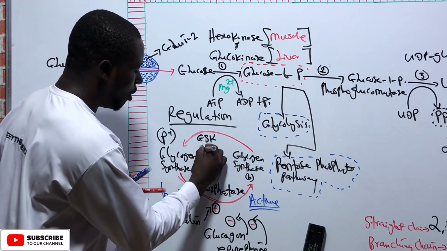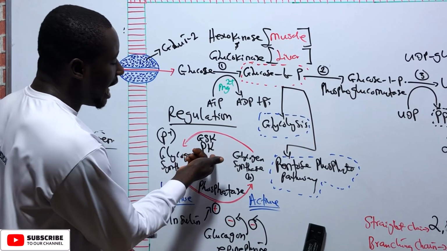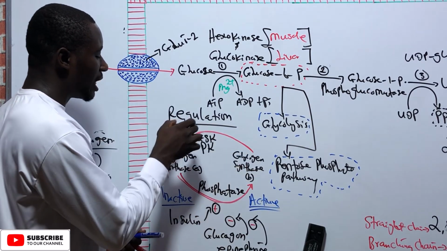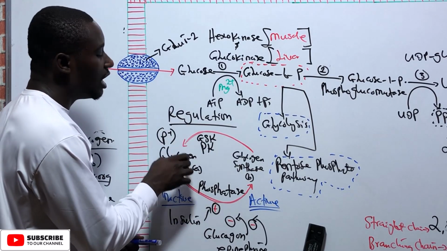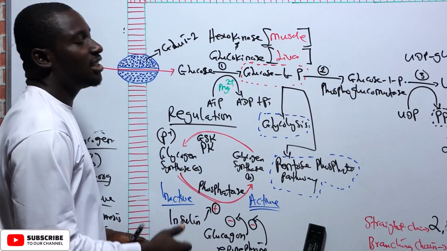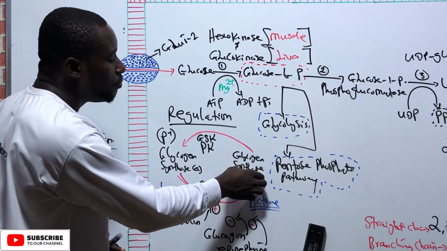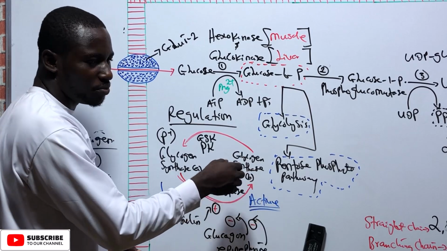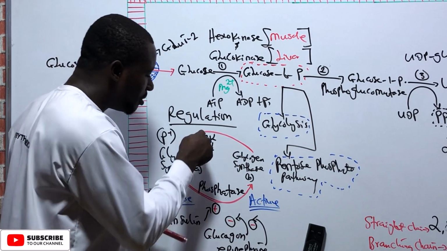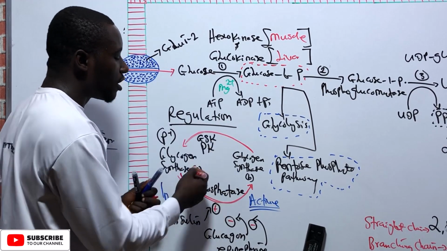So this enzyme converts glycogen synthase B to glycogen synthase A, which is the one that does not work because it is already phosphorylated. But insulin will come to inhibit this enzyme so that it will not keep glycogen synthase in a phosphorylated state. So insulin inhibits glycogen synthase kinase or phosphorylase kinase.